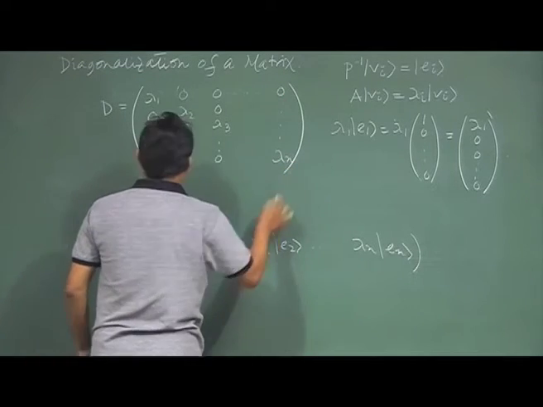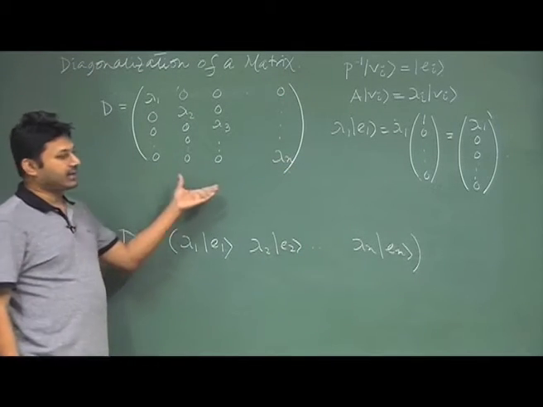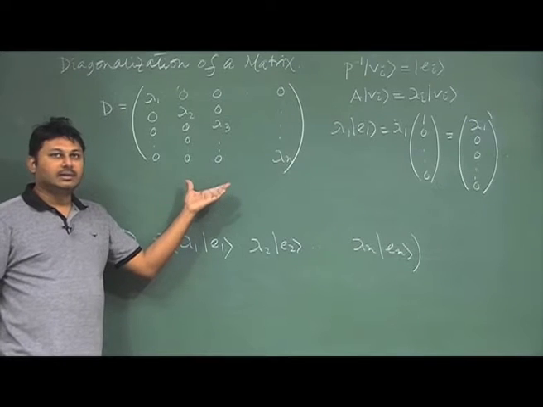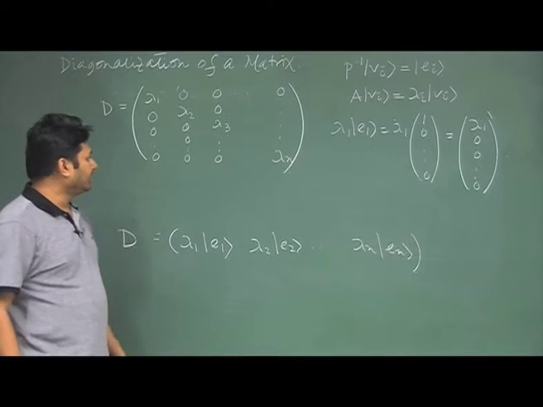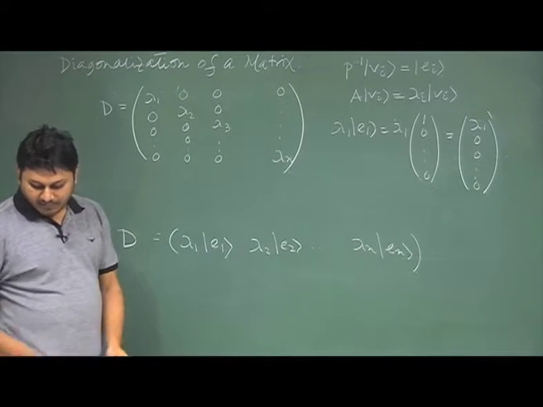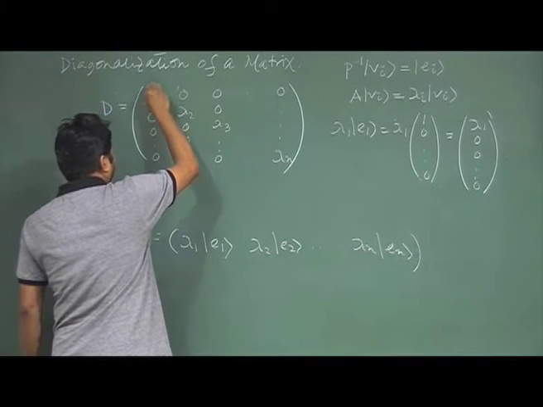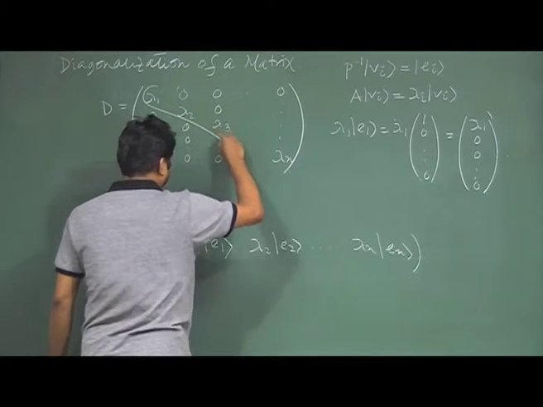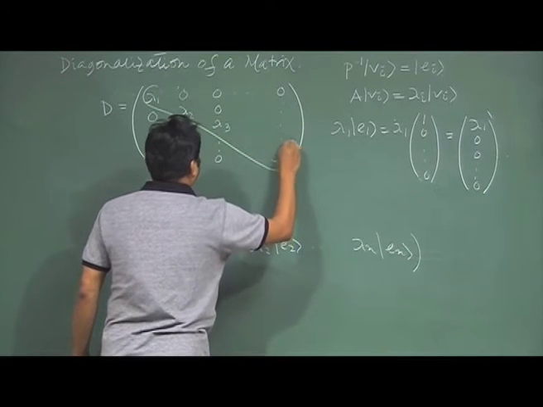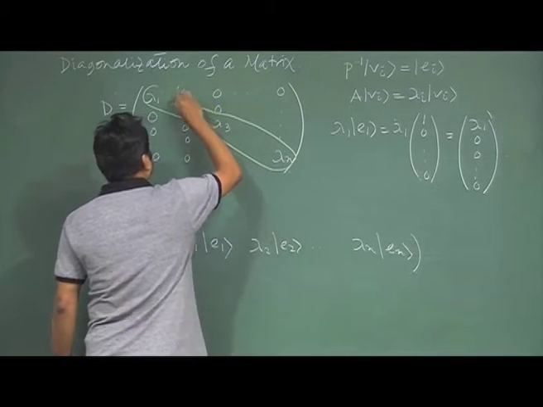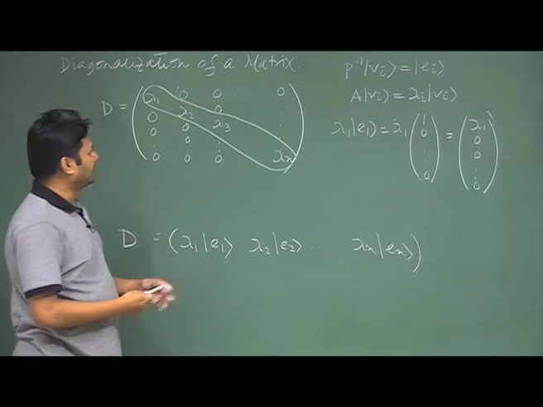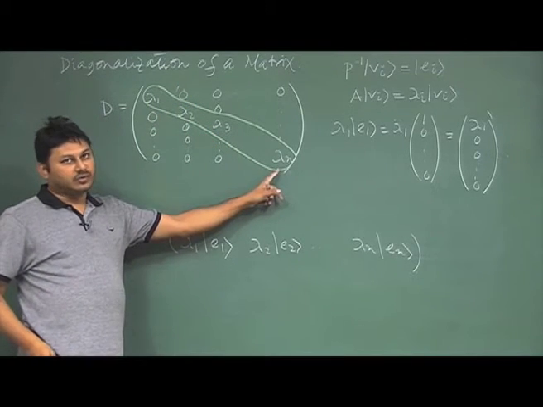So you can see that this D matrix is now diagonalized. Not only that, we get a very important piece of information out of that. Whatever the diagonal elements I have here, these diagonal elements are the corresponding eigenvalues.